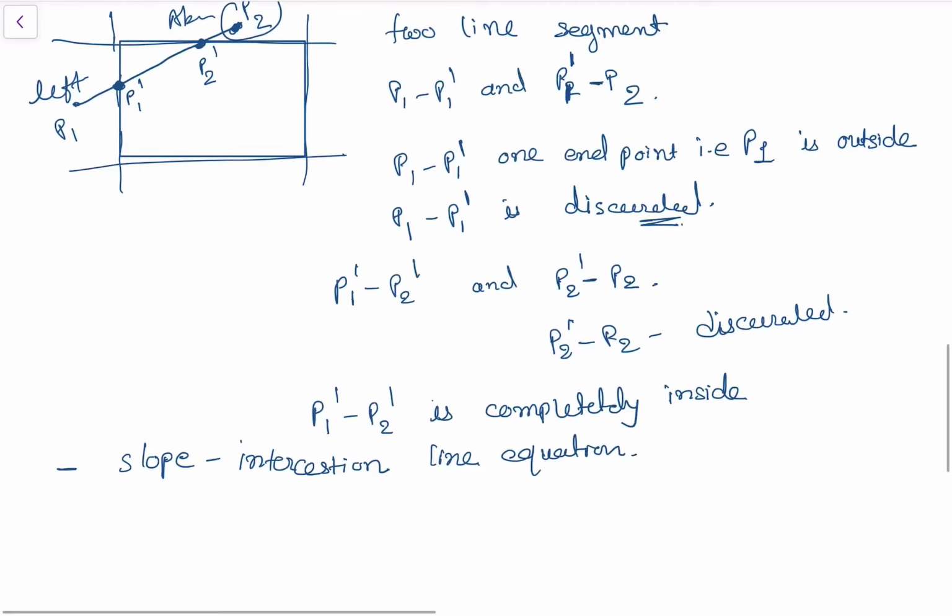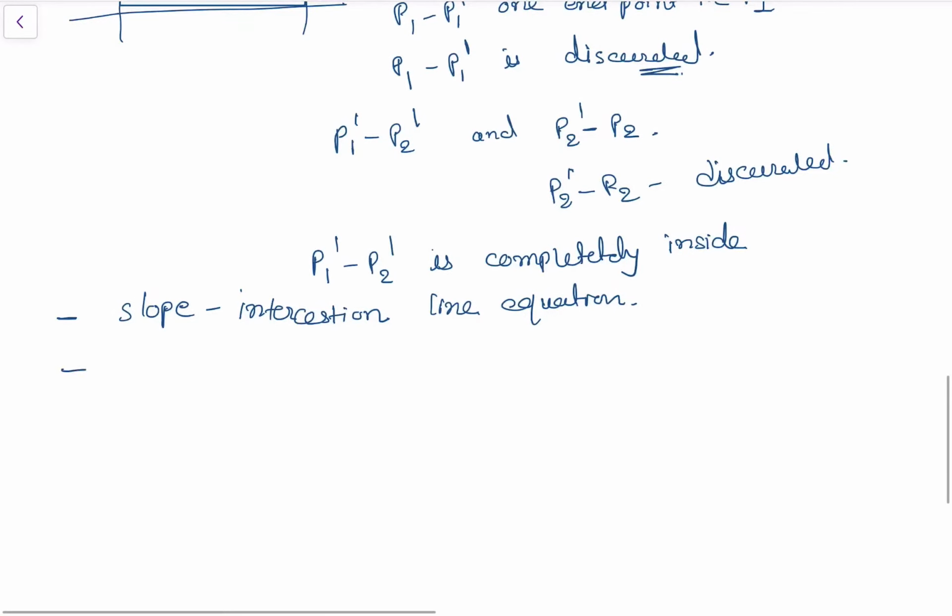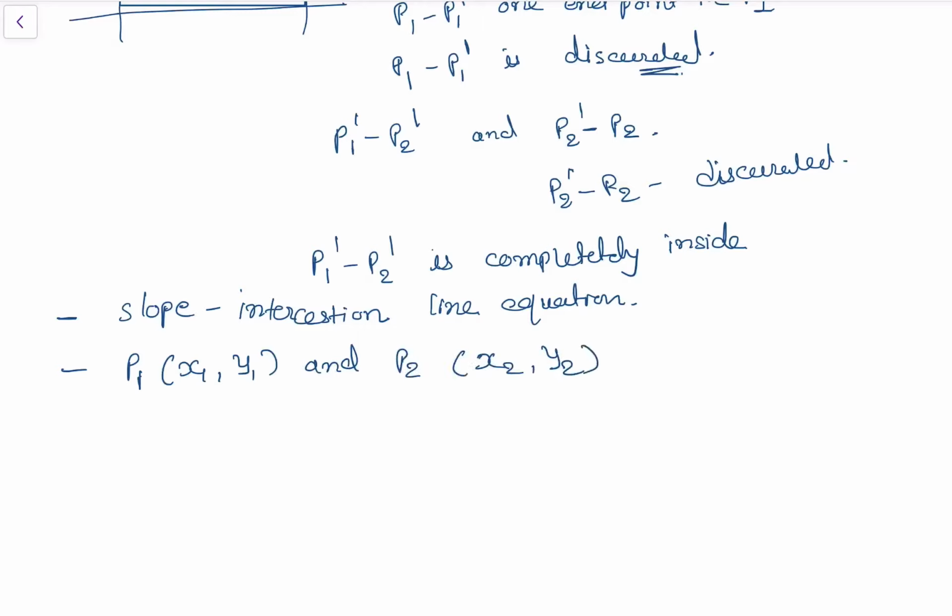that is, the equation for the line passing through points P1 (x1, y1) and P2 (x2, y2) is y = m(x - x1) + y1, that is our slope equation. y = mx + c.